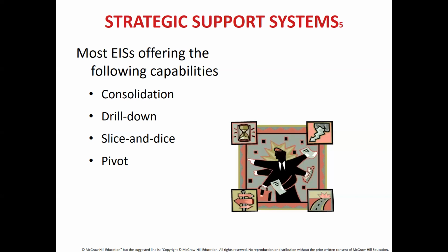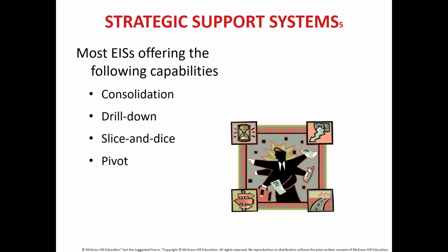A very good example of consolidation in terms of EIS would be a multinational company, which is a company that runs in many different countries. Let's say you want to determine the total sales for that particular day. The different stores' totals will be aggregated or consolidated, that means joined together, to find the total sales for that day. So that's a very good example of consolidation.